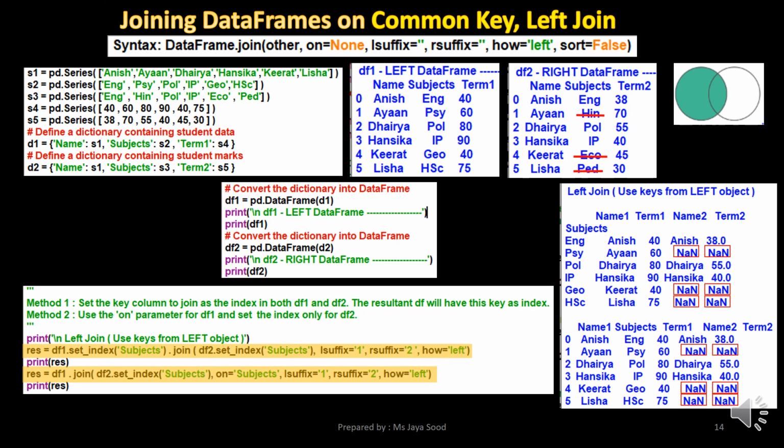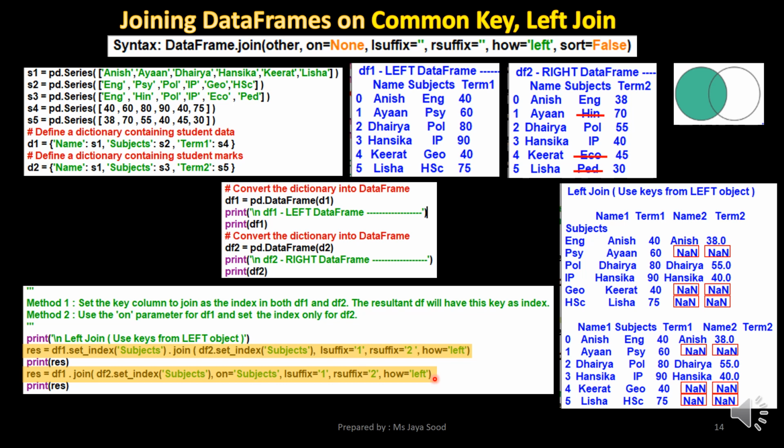In the second method, we use the on parameter for data frame 1 and set the index only for data frame 2. Res is the data frame object which is now created by writing the statement df1.join(df2.set_index('subjects'), on='subjects', lsuffix='1', rsuffix='2', how='left').